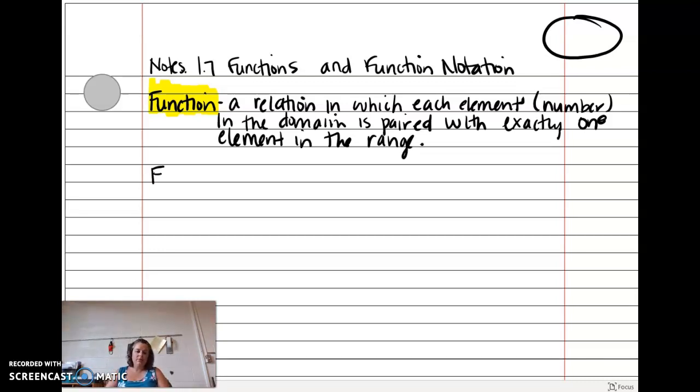The best way to do this would be to give an example. So if I give us a set of ordered pairs, a relation in table form, if I did 1, 4, 3, 2, 5, 4, and 1, -4, I'm going to say this one is not a function.